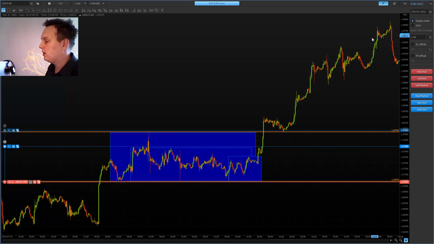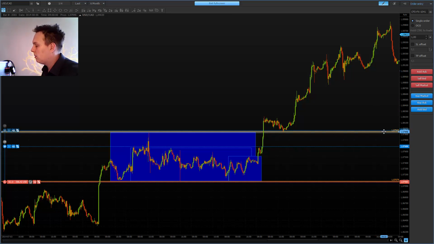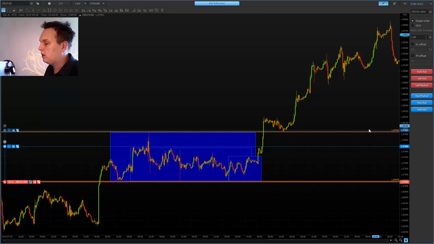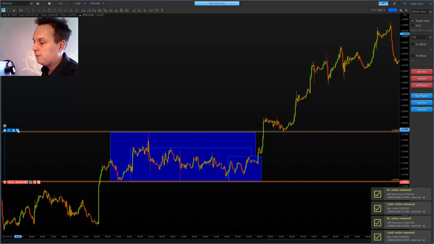So price may come down, hit the level of 1.0794, and it would activate this higher order. But if it bounces here, we won't have a chance to trade the lower one with a lower risk, but lower probability of execution. Okay.